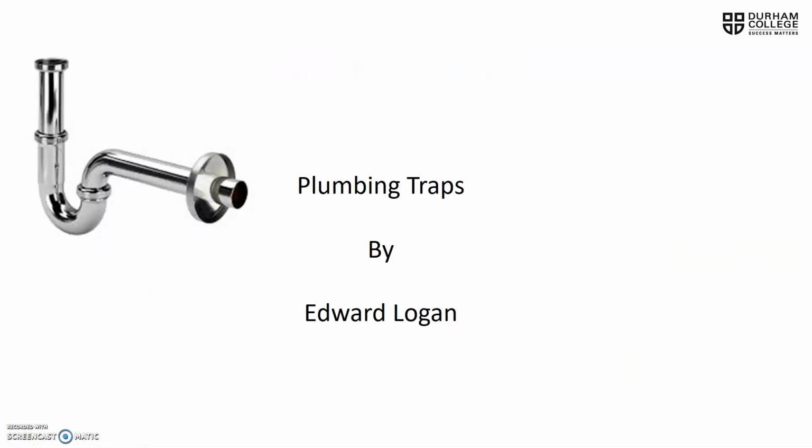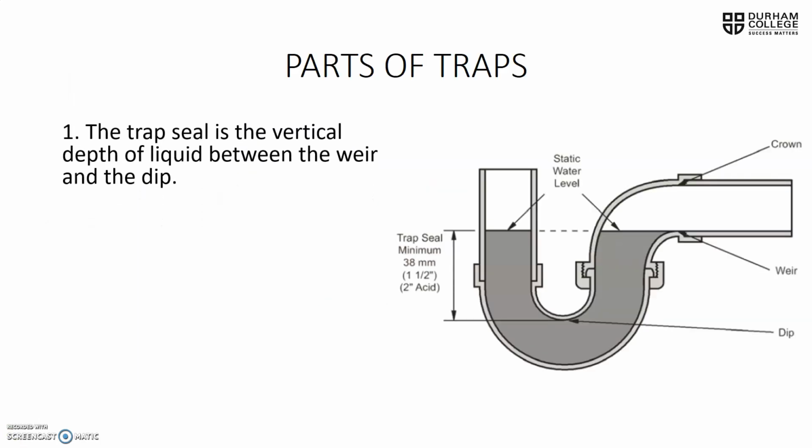This short video is going to be discussing the parts of an actual plumbing trap. The first part of our plumbing trap is our most vital part, and that is the trap seal. That is the liquid that stays behind after using the fixture, and creates that wall or door or seal that protects the sewer gases from working their way up from the municipal sewer into our sanitary building sewer, into our sanitary building drain, and then up through all the individual fixtures.